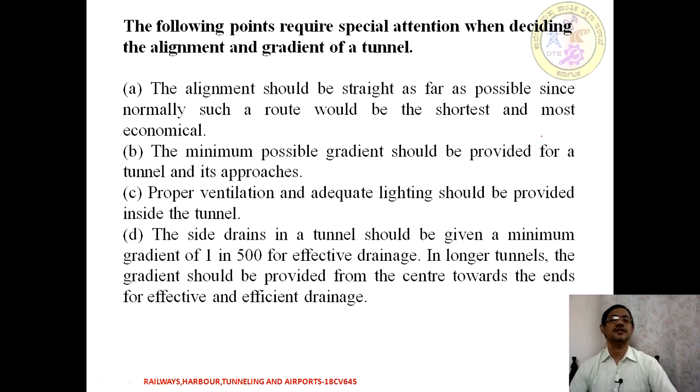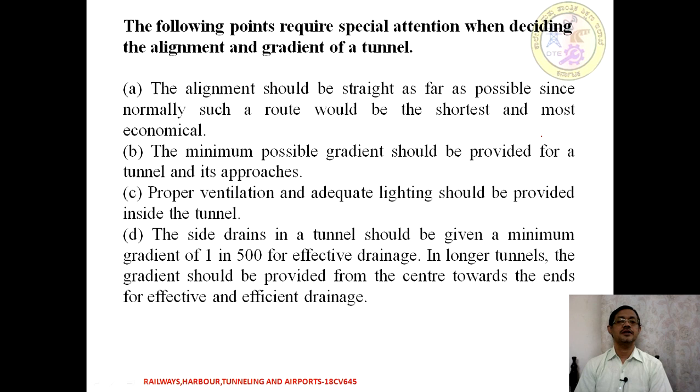While deciding the alignment for a tunnel, as far as gradient is concerned, a few points require special attention. The first point is that the alignment should always be straight as far as possible, since such a route would normally be the shortest and most economical.